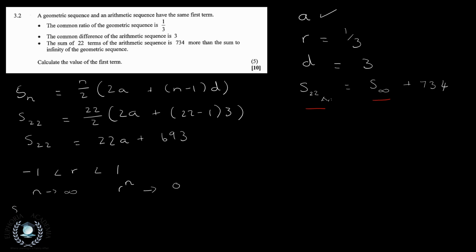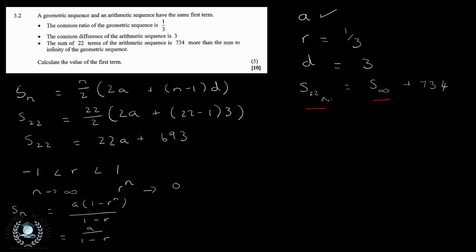So in the general formula of adding a geometric series, we have Sn equal to a multiplied by 1 minus r to the power of n, divided by 1 minus r. If r to the power of n tends to 0, the sum to infinity is a over 1 minus r.